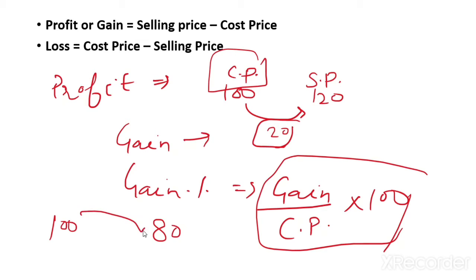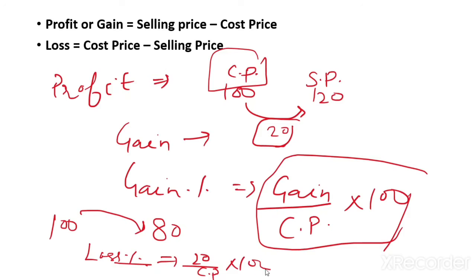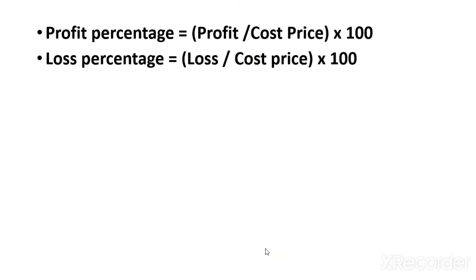Then the amount that you are losing is the loss, 20. When we are finding loss percentage, then it is 20 at CP into 100. That will be the loss percentage. That's how we calculate profit and loss percentage. I hope this is clear to all of you. This is the formula.